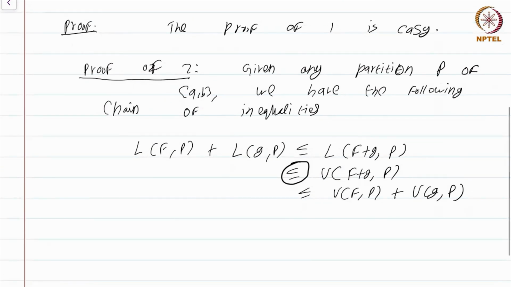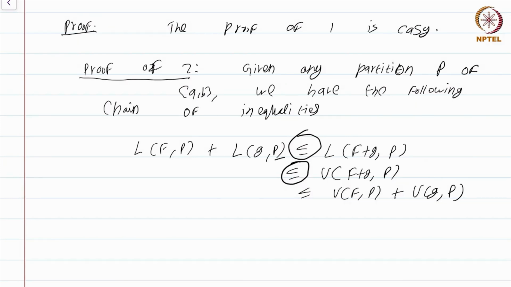Why is this first inequality true? Well, think about what's happening. In each one of these partitions, we take the summation of small m_i times delta x_i. Now, when you take the minima of the functions f and g, in general the minimum of f plus g will be greater than or equal to the minimum of f plus the minimum of g.